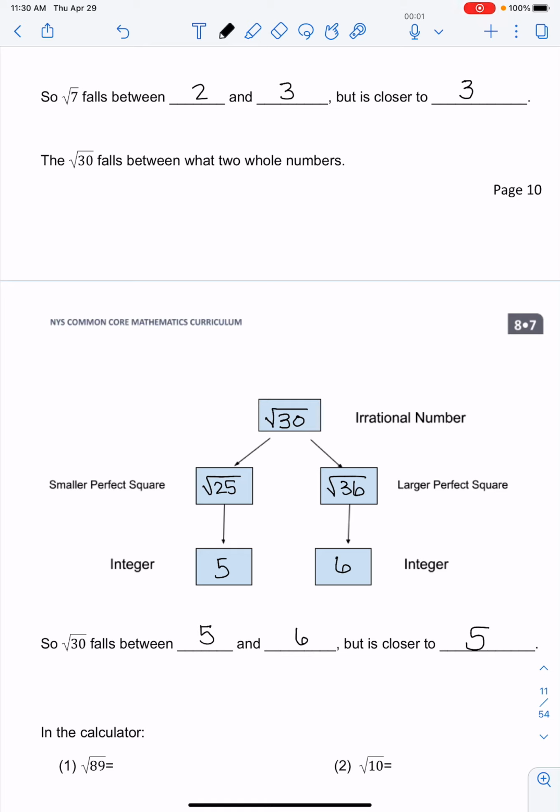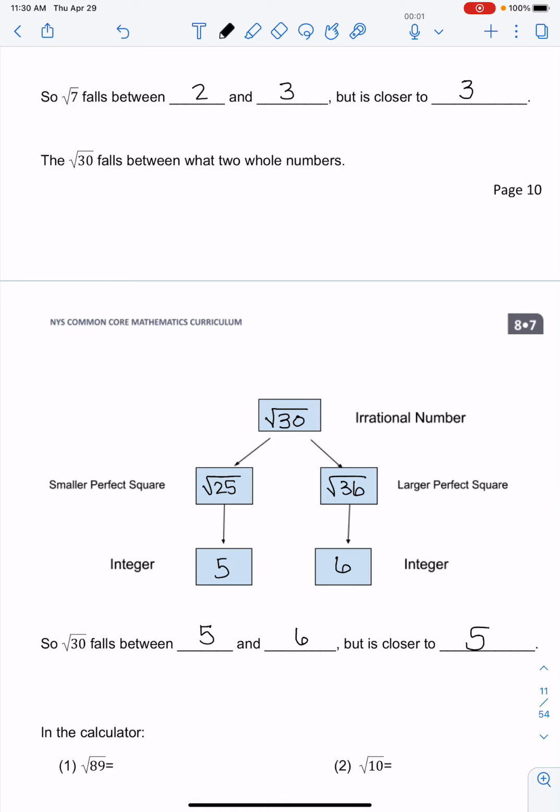If I were to round that, it would round down to 5 rather than up to 6. Therefore, it is closer to 5 than it is to 6. So that's how we can actually tell. All right, so next, we are going to look at a couple other numbers here.